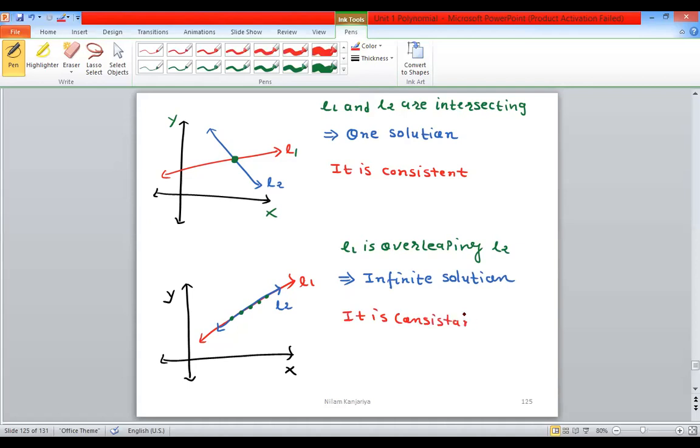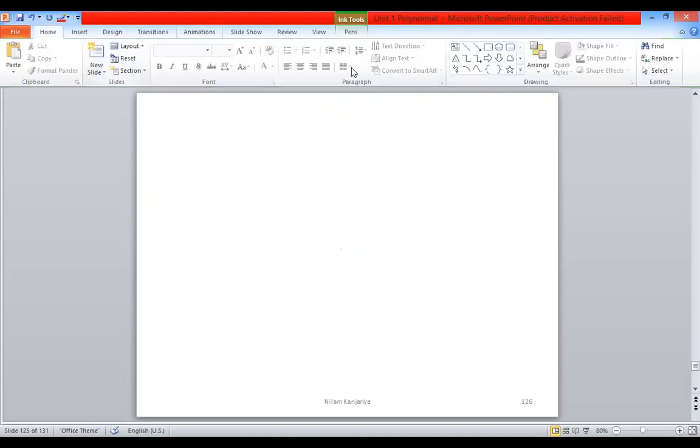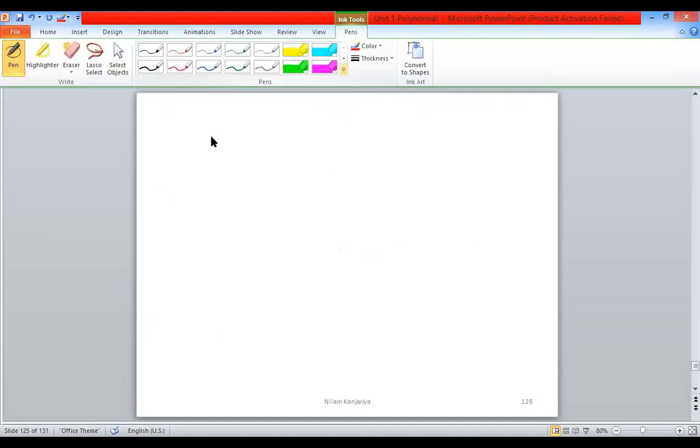And the last, when you draw the graph and you have lines like this, this is your graph. And the lines this way, this is L1 and this is L2.